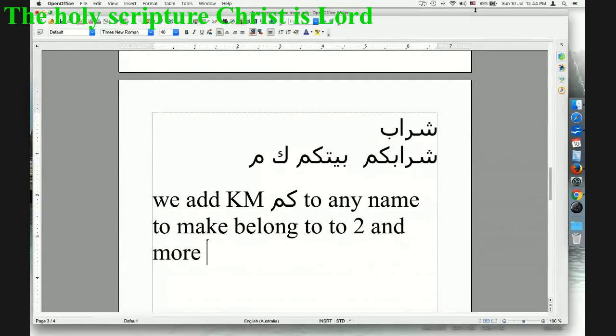You know, there's a specific word for two if you want to say it for two, but you can use it even for two guys or two people. So if I want to make something belong to a group, two and more, I can use kum.